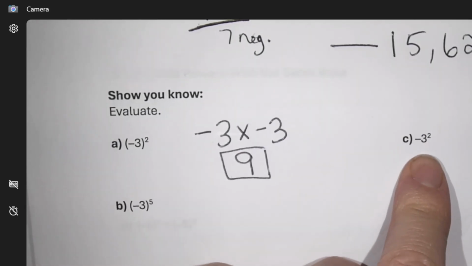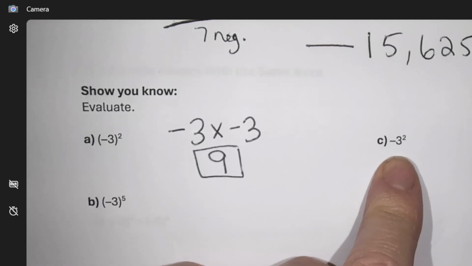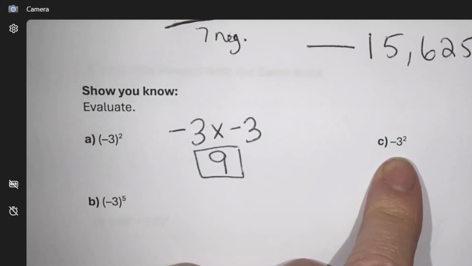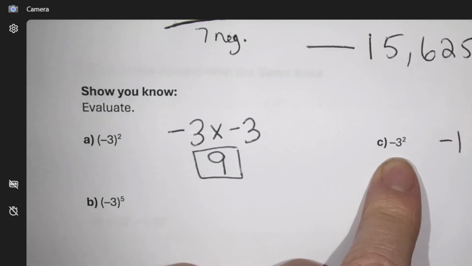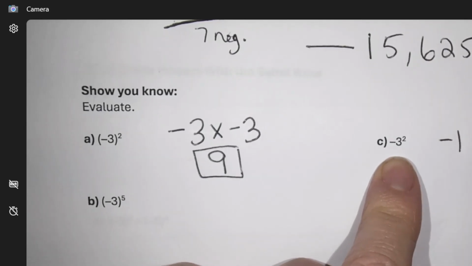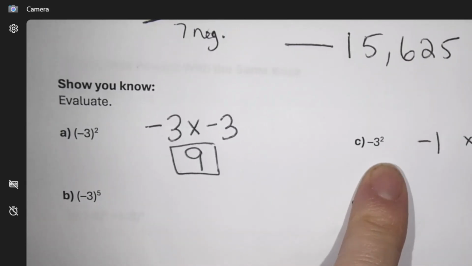So this question is a different math idea. What does this look like if you were to write it out? 3 to the power of 2 times -1. So 3 to the power of 2 is a separate thing than the -1 this time. Did you write it differently?